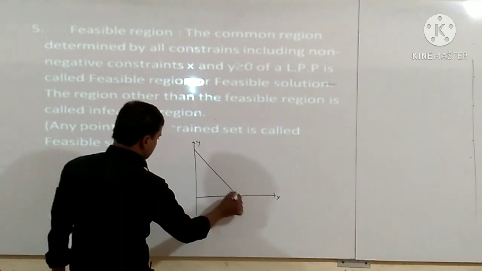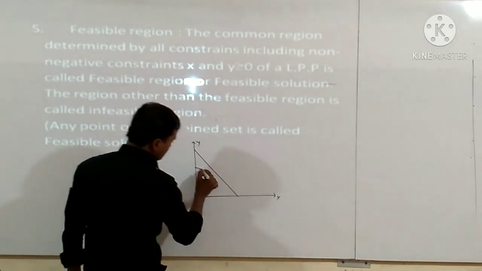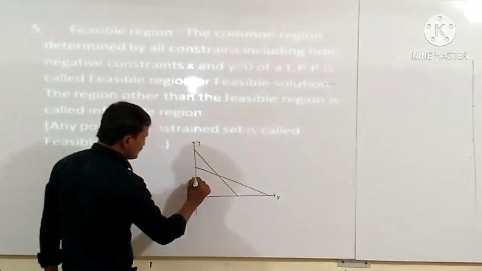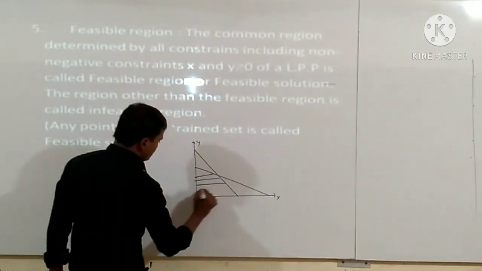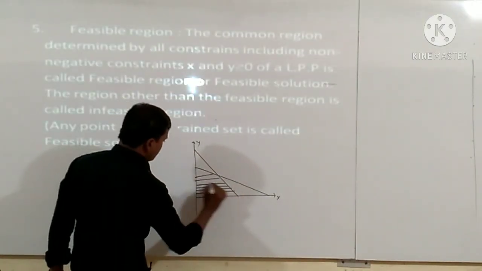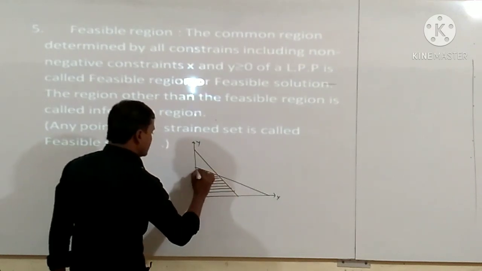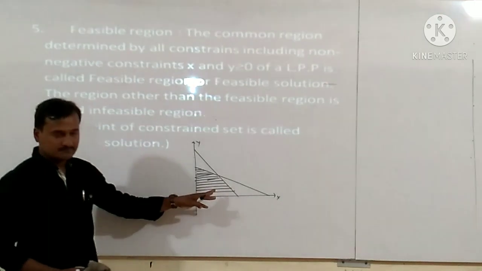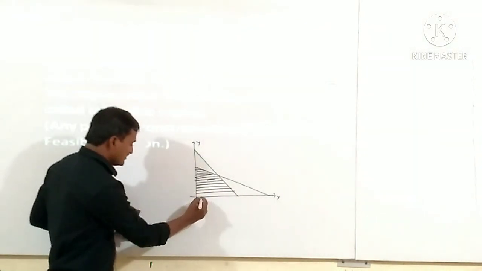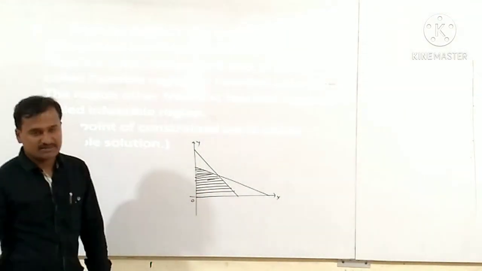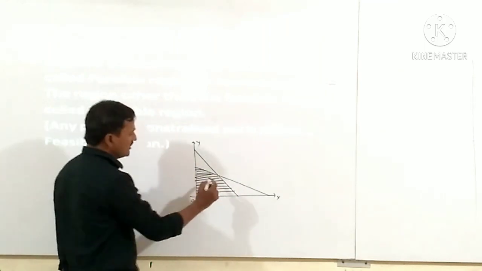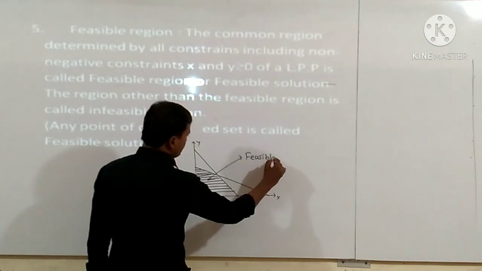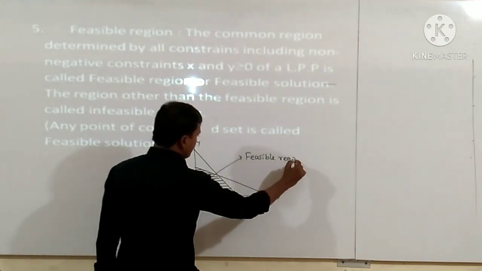After solving the inequalities using the graph, you shade the region. This shaded region is called the feasible region.